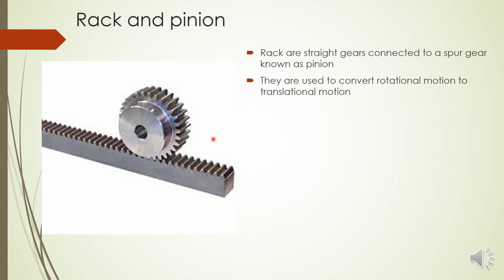The main feature is that they can be used to convert rotational motion to translational motion. If the pinion is rotating, with the shaft at the center of the pinion rotating, this pinion will rotate and move this rack in a translational direction, not a rotational direction. That is the important thing about rack and pinion.